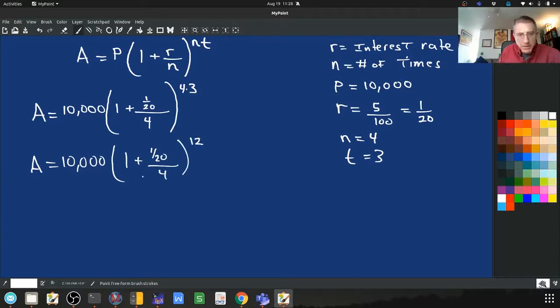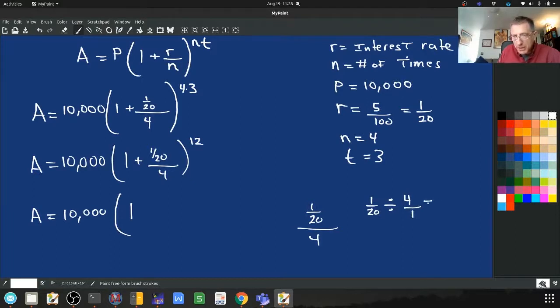So now I want to simplify what's in parentheses. That's the base. The first thing I want to simplify is what is 1/20 divided by 4. Another way to write that is 1/20 divided by 4/1.